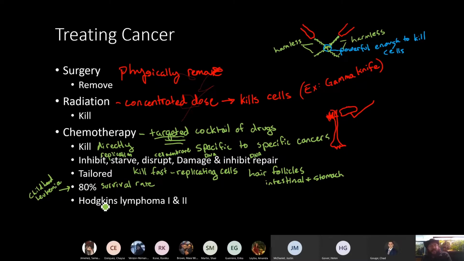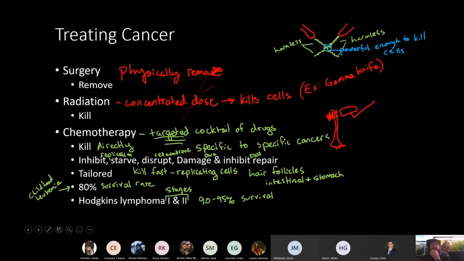That's nuts. Hodgkin's lymphoma, if you catch it in stages 1 and 2, has a 90 to 95% survival rate.